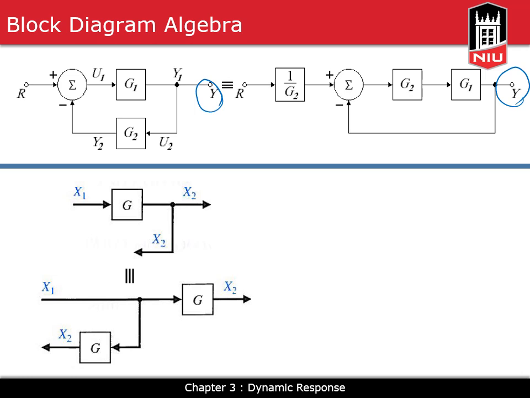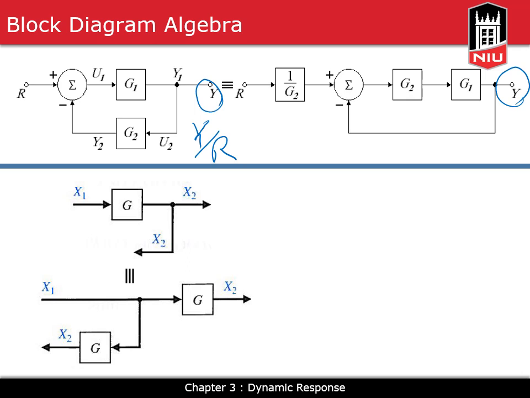This means that the block diagram on the left and the block diagram on the right have the same overall transfer functions. Doesn't mean that they are exactly the same or corresponding to exactly the same systems. They could correspond to different systems, but their overall transfer function, the input-output relationship, would be the same for these two. This is a good practice for you. You can try to find the transfer functions for those two. Basically y over r in both cases, and then compare them.